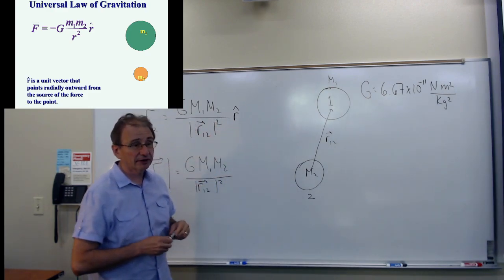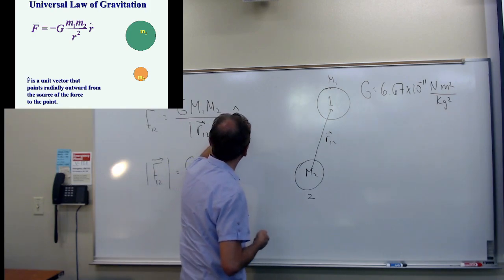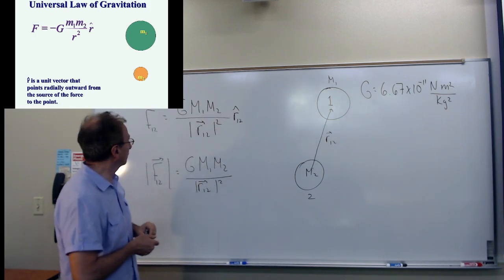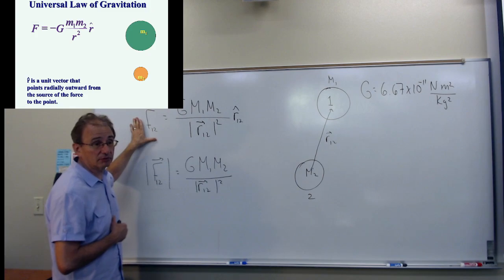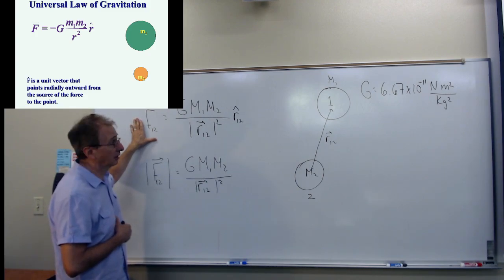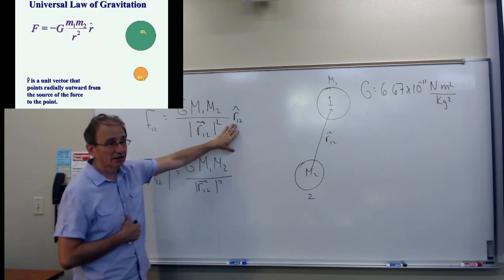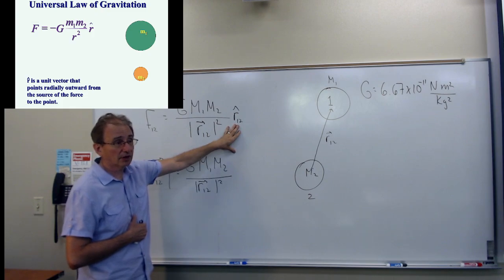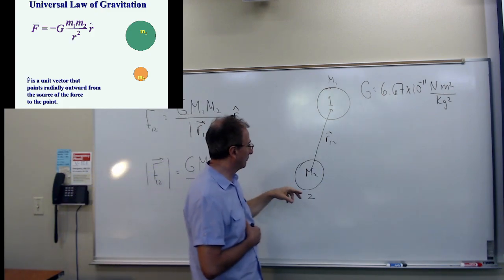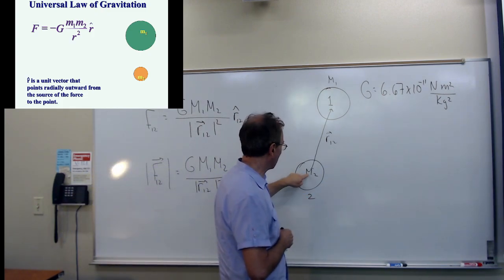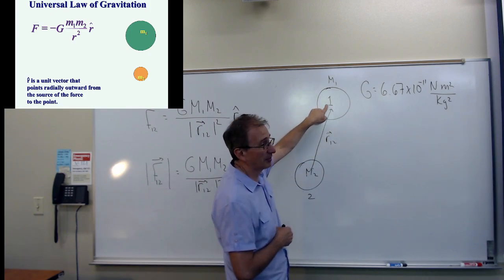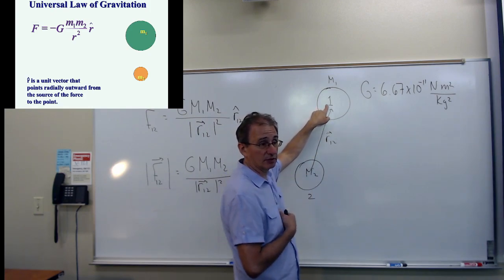Let's talk about the vector. Writing it in vector form. This is how we write it in vector form. It's minus this quantity times the unit vector r12. The unit vector r12 is the unit vector that starts at the source and ends up at the point at which you're determining the force, or the object on which you're determining the force.